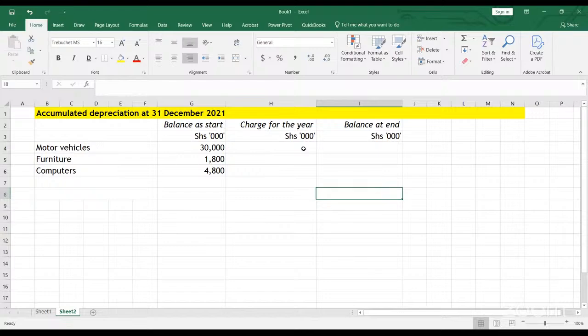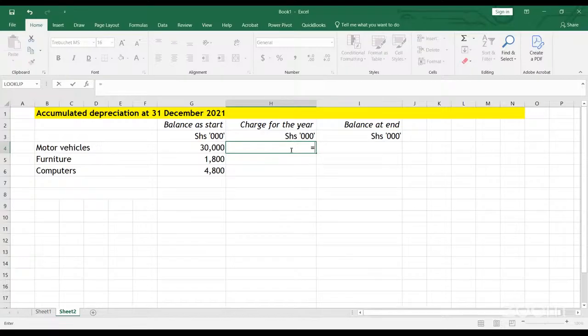How do they calculate depreciation? What is the depreciation rate? Let us compute that. 25%, straight line.